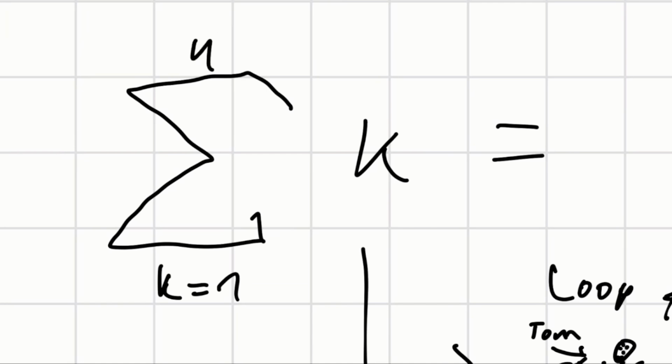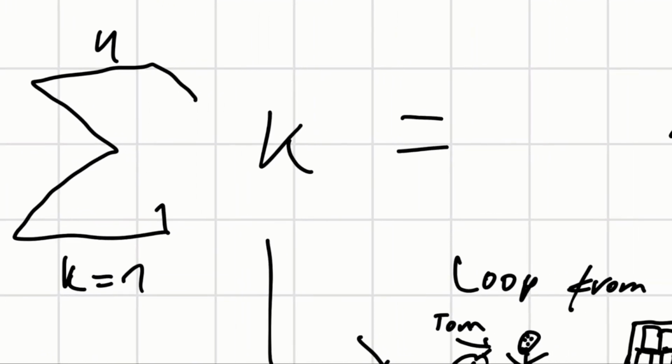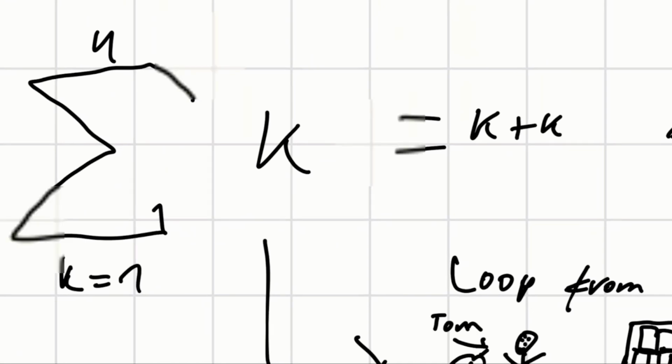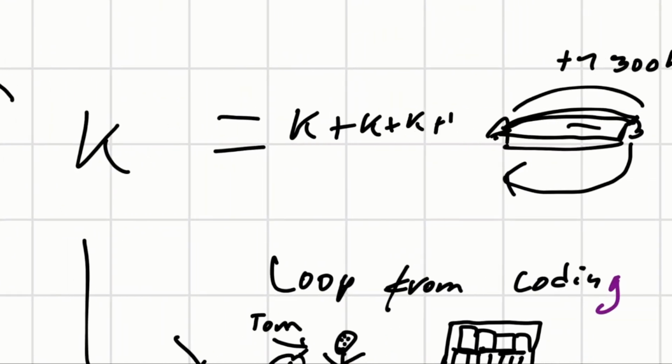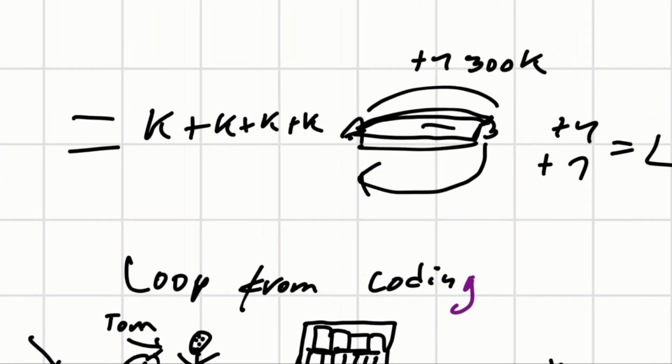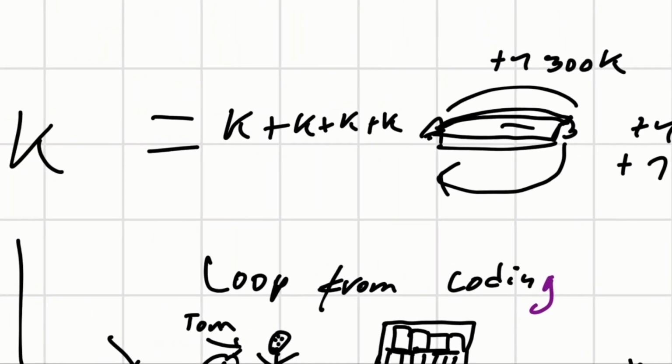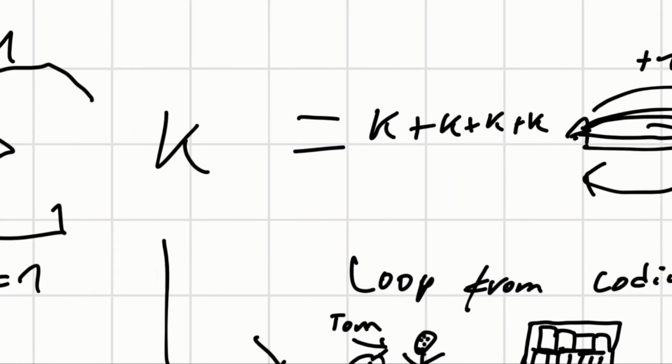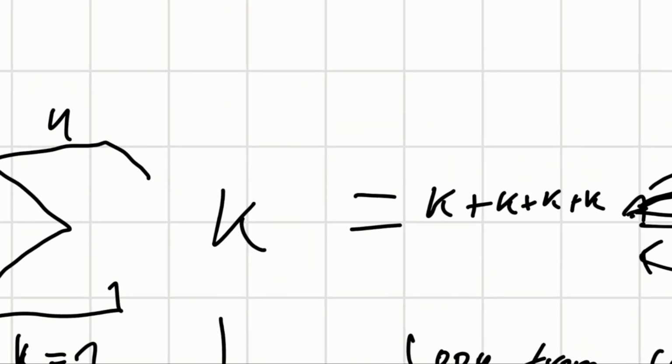What our sum sign now says is we're taking the sum of k plus k plus k plus k. The crucial thing that is going to happen is the same thing as in our book example. For every time we add k, this is our first one, this stays 1.